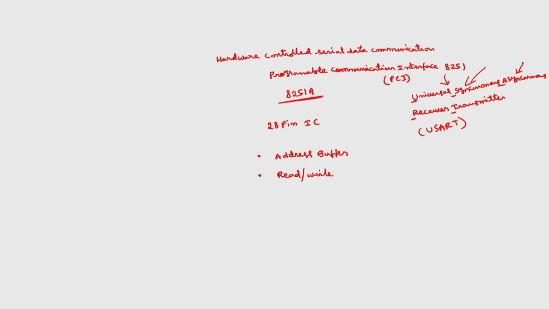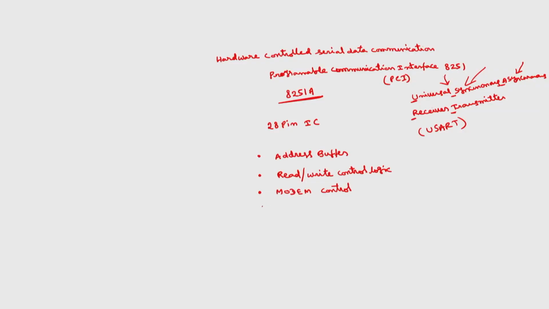Normally, in most of the peripherals these two logics will be common. Then it has a modem control. In case of transmission of digital data over telephone lines, we require a modem, so this will have some modem control signals. Then we have transmitter control and receiver control.